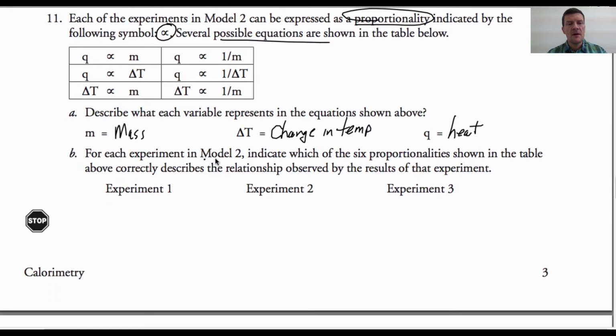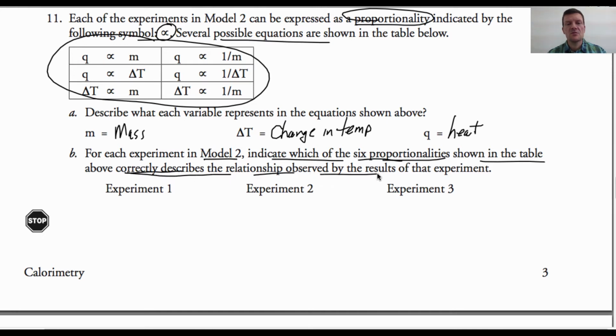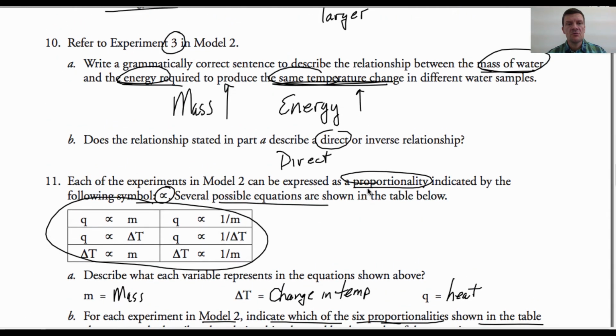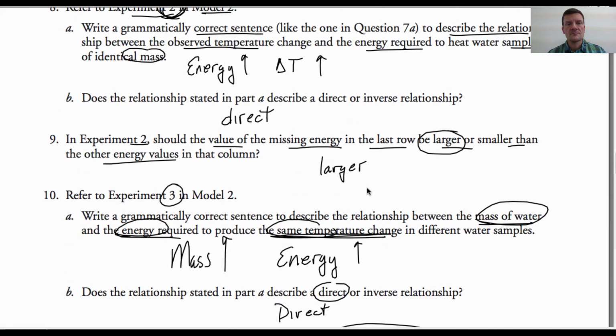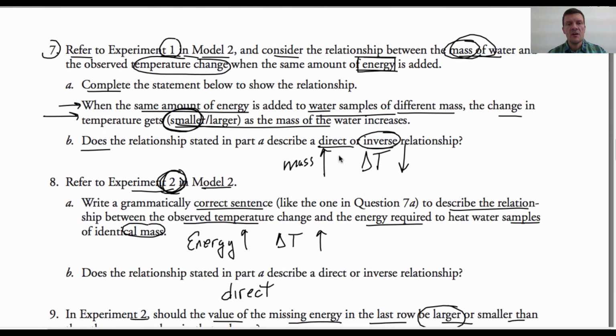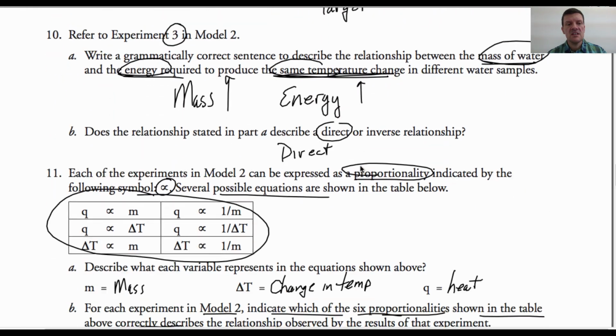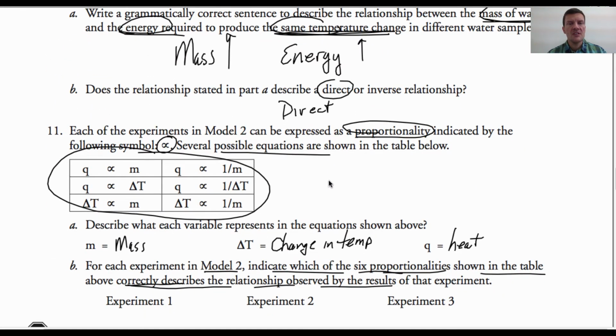For each experiment in Model 2, indicate which of the 6 proportionalities, we got 6 to choose from right here, shown in the table correctly describe the relationship observed by the results in that experiment. Okay? So if we just remind ourselves that in experiment number 1, we looked at mass and delta T, an inverse relationship, that should be as one goes up, the other goes down.